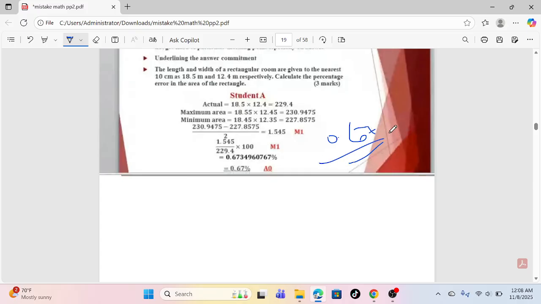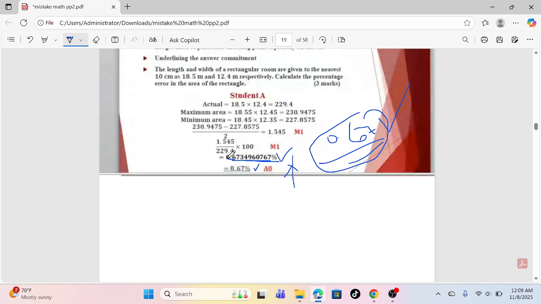And then underlined it. What does it mean when a student underlines? He is telling the examiner not to mark anything beyond this: this is my answer, mark this. And the student loses marks. Another thing: the student here has not underlined, but has written an answer here. Don't write anything extra; it is up to the examiner to find the correct answer, which is the previous answer, 0.67349606767%, because the question does not limit us.